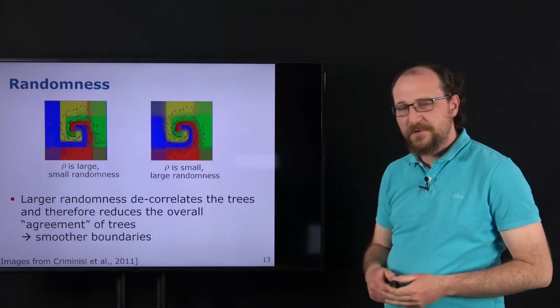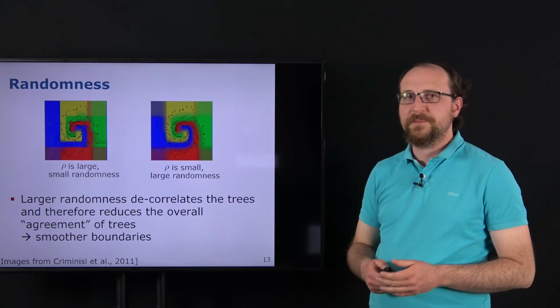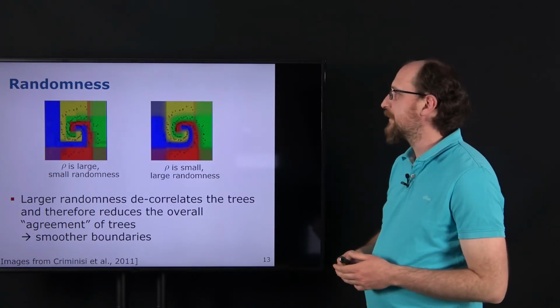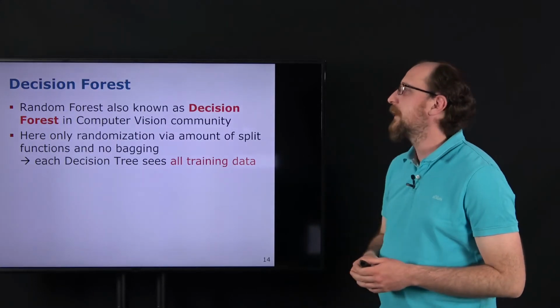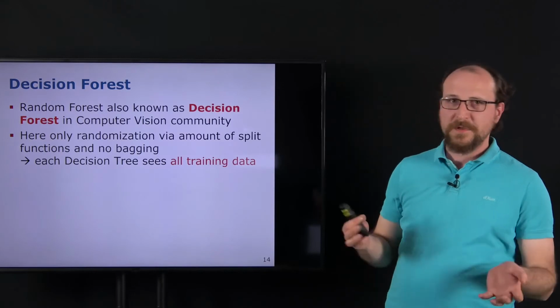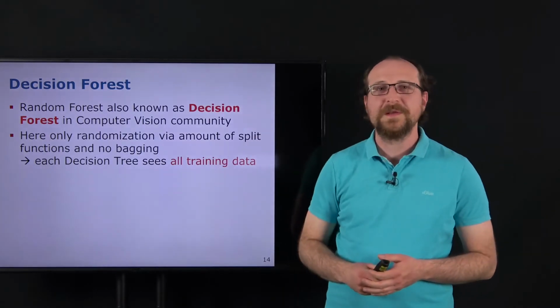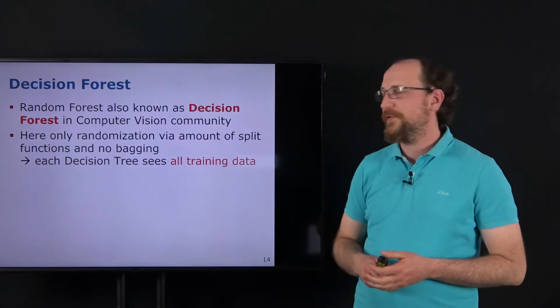Random forests were quite popular in the computer vision community some time ago, but there they were just called decision forests. So when you look at papers that say they use a decision forest, it's basically a random forest.